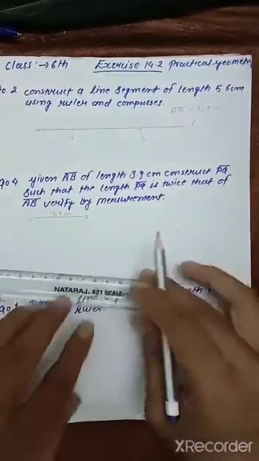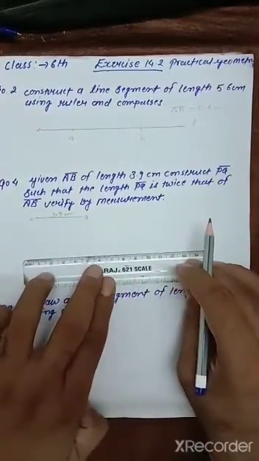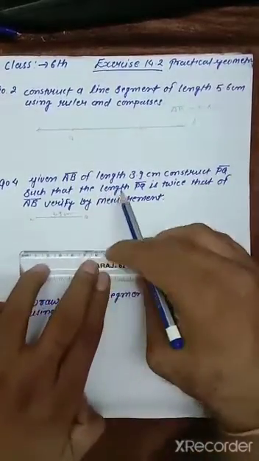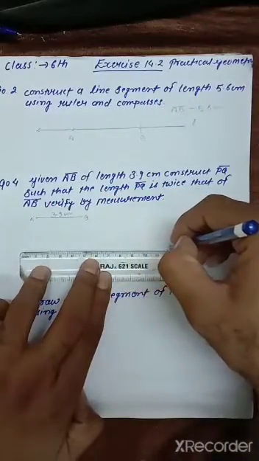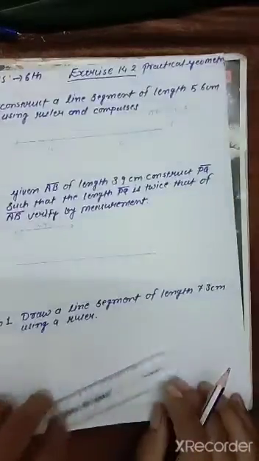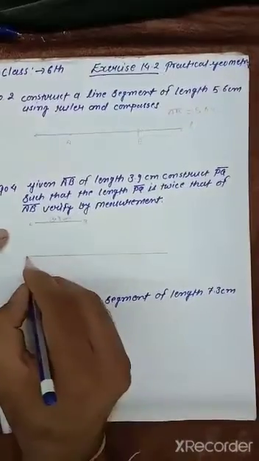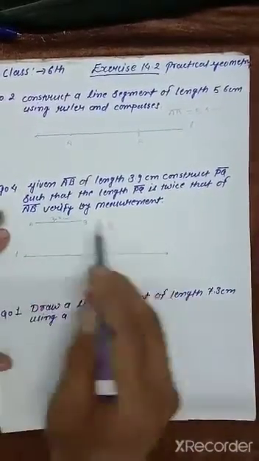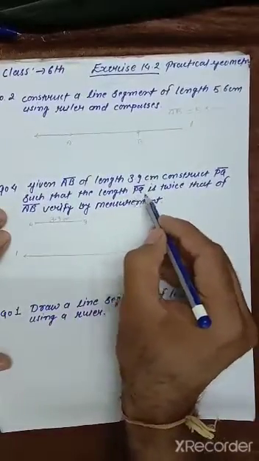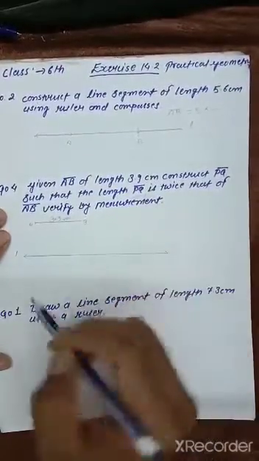So first we draw a line, something bigger. Now this is a line L. On line L we take a point P, from which we'll start constructing the line segment PQ.